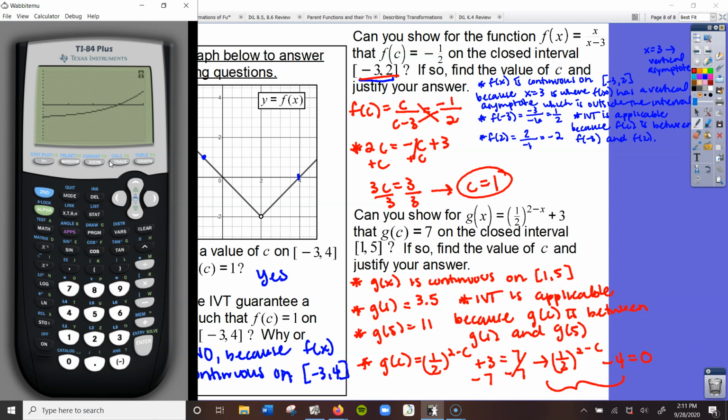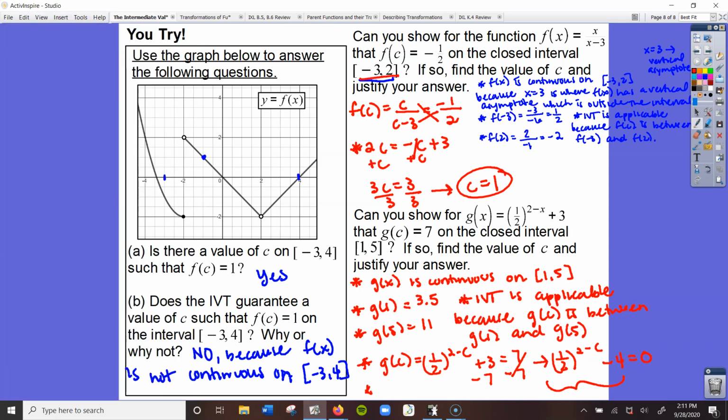So we can go to the second calc menu, option 2. Let's go to the left side of the x-intercept, which I was already on the left. We go to the right. Go ahead and guess. And we get that x is equal to 4. But remember, on your paper, you have to write, because we were solving for c, c is equal to 4. And that's how you use the intermediate value theorem with both calculator and without.